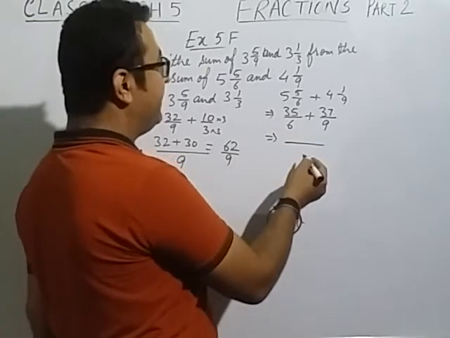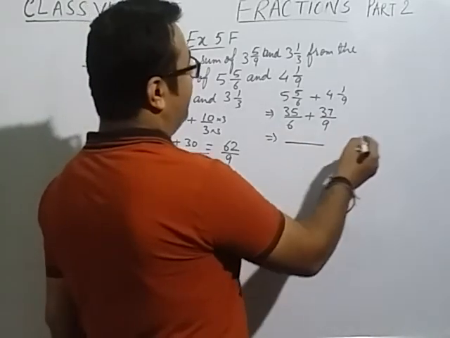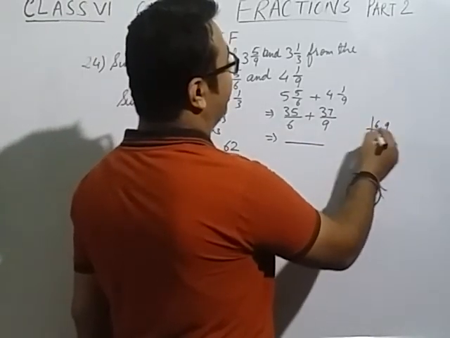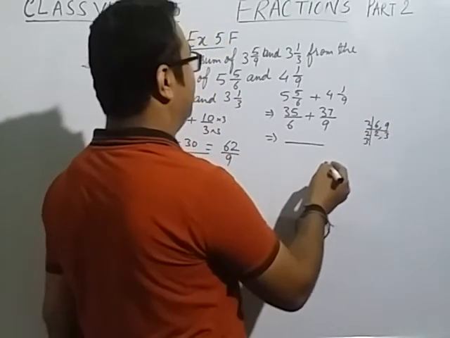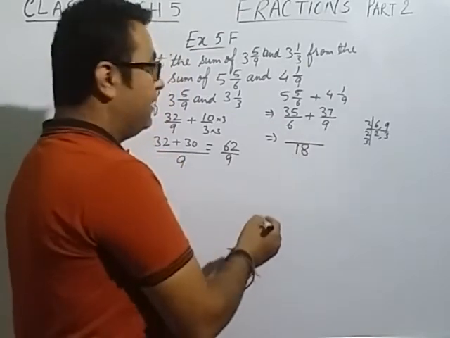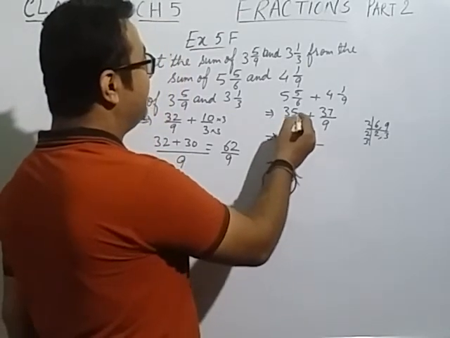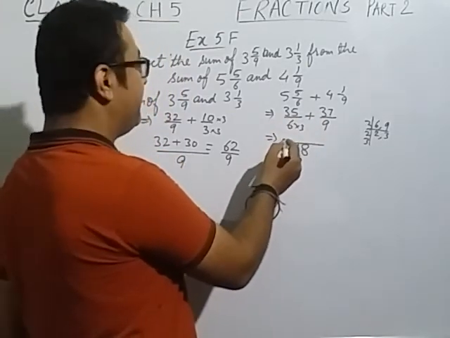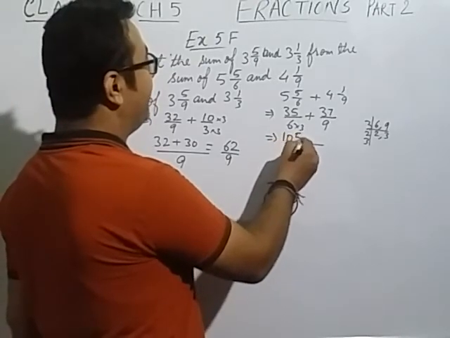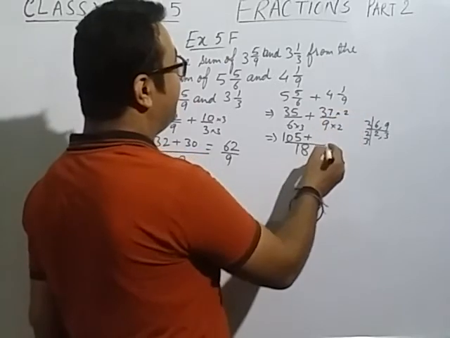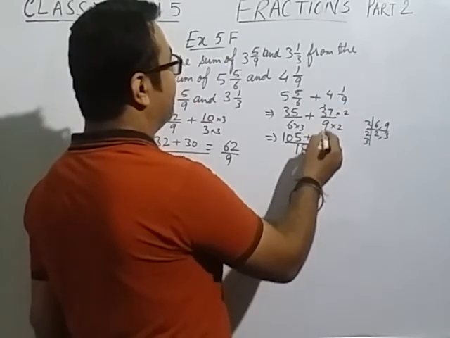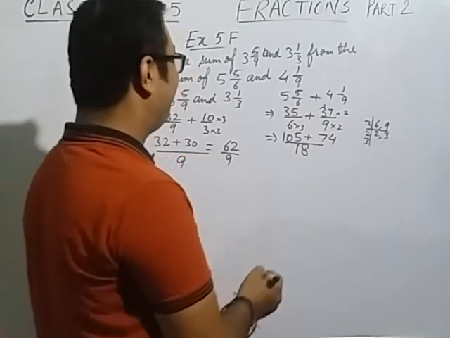LCM of 6 and 9 will be 18. So 6 will be multiplied by 3. Similarly 35 will also be multiplied by 3. It will give 105. 9 will be multiplied by 2. 37 will also be multiplied by 2. It will give 74.